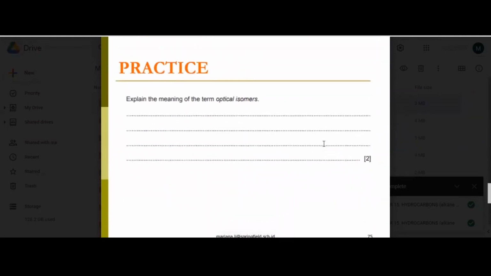Okay, let's practice. Explain the meaning of the term optical isomers. It is molecules with the same molecular and structural formula. That's the first point.